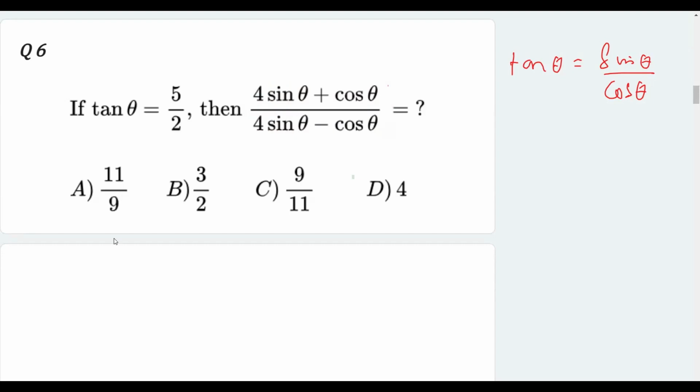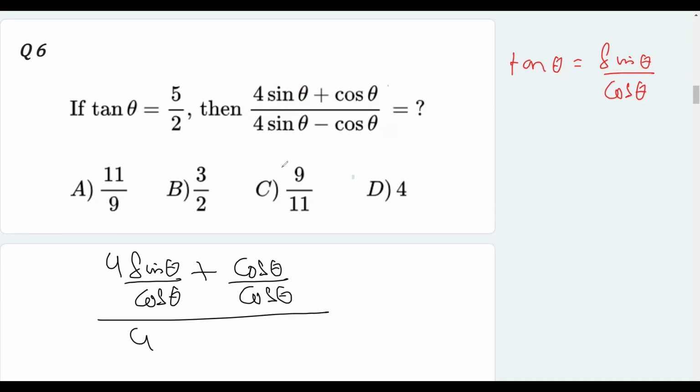If I divide the numerator and denominator, we are going to get 4 times sine theta over cos theta plus cos theta over cos theta, and below again dividing by cos, 4 sine theta over cos theta minus cos over cos.